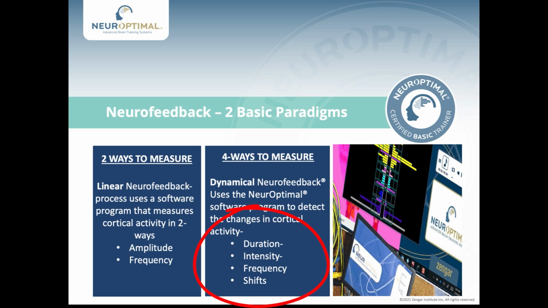Is it moving back and forth but somewhat close? Or is it staying right on that frequency itself, the kind of pure tone of the frequency? Or does it have a shift to it? Is it in the process of or already moved from one frequency to another? So we're measuring the differences in the shifts. So we have 4 different ways that we are measuring things.